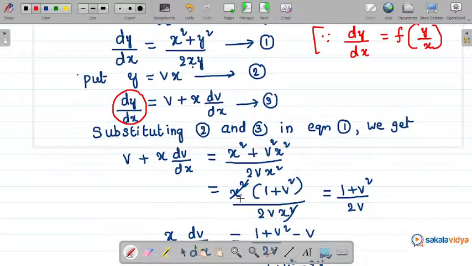From the numerator take x square common, x square into 1 plus v square by 2v x square. x square and x square get cancelled, we have 1 plus v square by 2v.